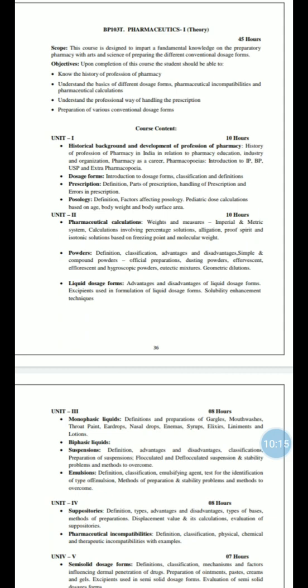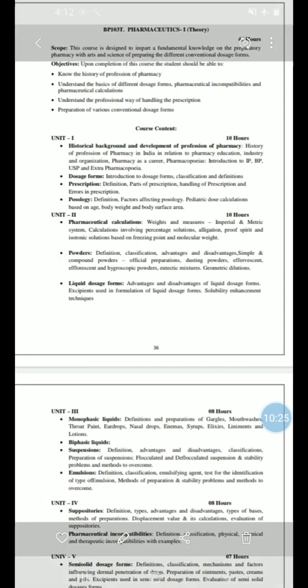Then in unit second, the pharmaceutical calculation, different systems of calculation, weight and measure. That first, empirical system and metric system. Then different calculation which are involved in percentage solution. Then different method, alligation method, proof spirit method. Then next, that is powder.